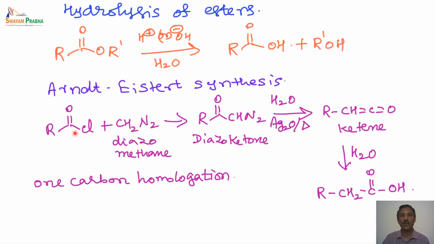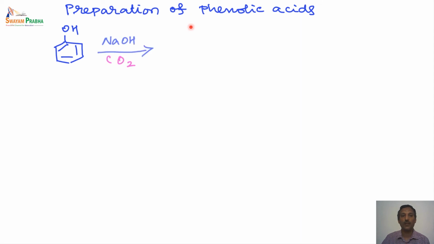We have already seen in the earlier cases, the primary alcohols when treated with alkyl halides followed by Grignard reaction, or alkyl halide and cyanide reaction, produce carboxylic acids with one carbon extra, that is the homologation. So the Arndt-Eistert synthesis is also another method by which we can convert a carboxylic acid to a one carbon homologation product. The next one is preparation of phenolic acids.